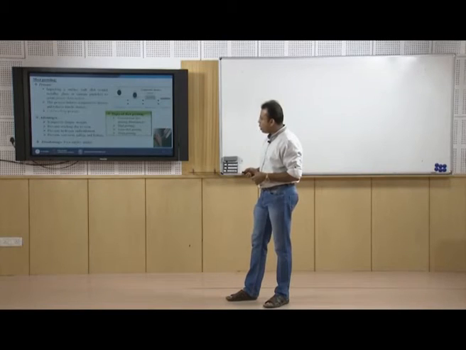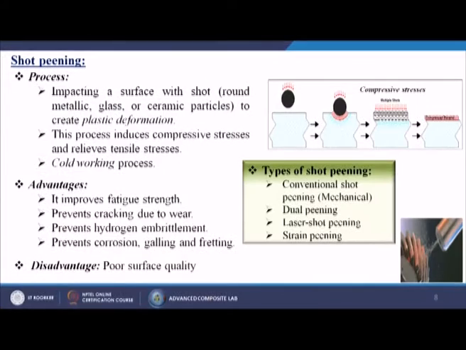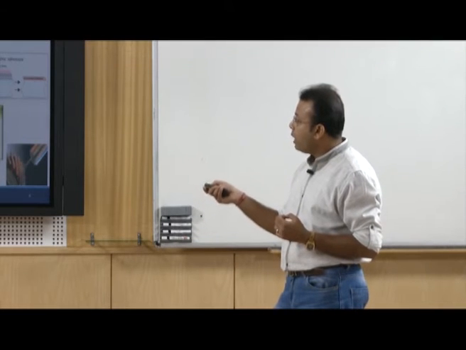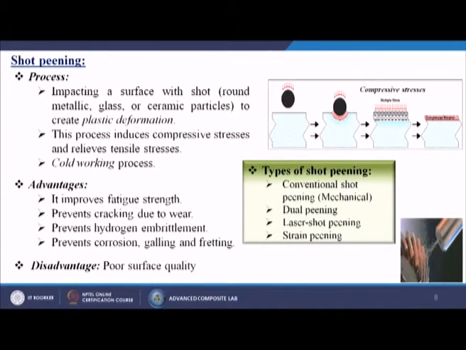Next one is called shot peening. In my previous slides I have already discussed shot peening. Again I am telling it here: we use certain kinds of ceramic balls or ceramic particles, and from a certain height we release those particles. When they come into contact with the base material, they gain kinetic energy.